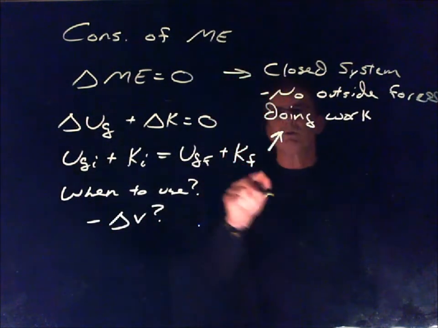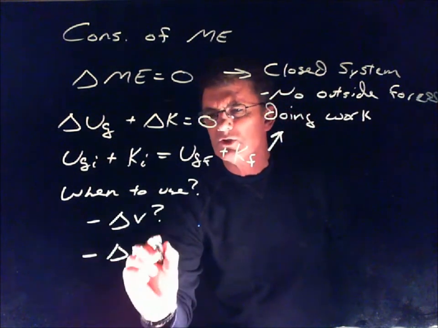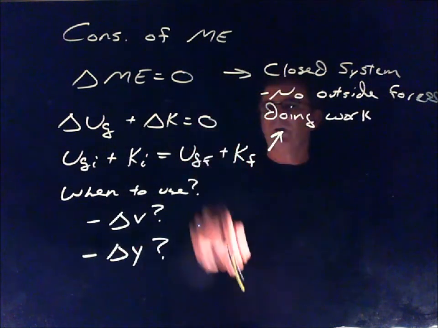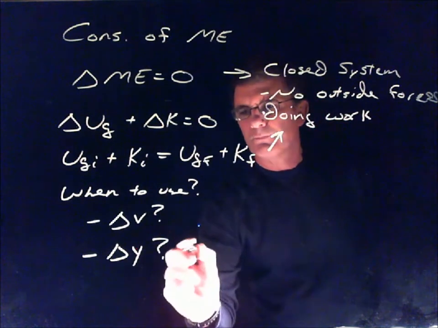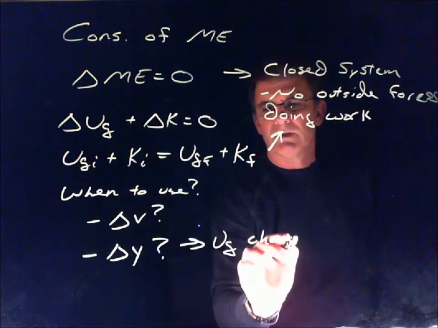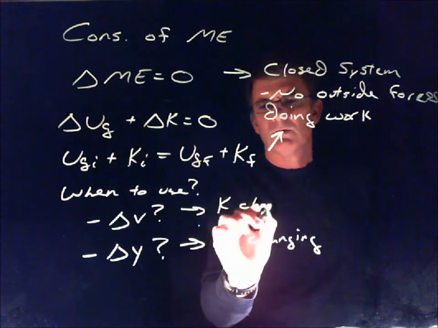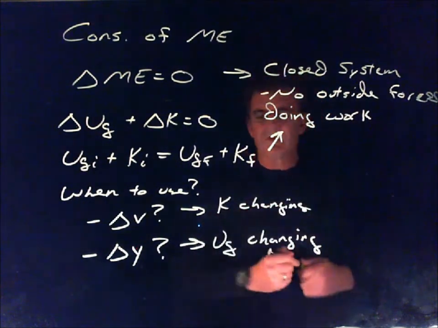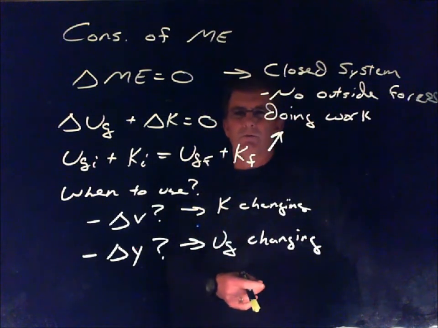If velocity is changing, kinetic energy is changing. Do we have a change in height? Is it going up or coming down? If we have a change in height, then potential energy is changing. And if we have both of these going on, and we have a closed system, no external forces, primarily friction, we have conservation of mechanical energy.